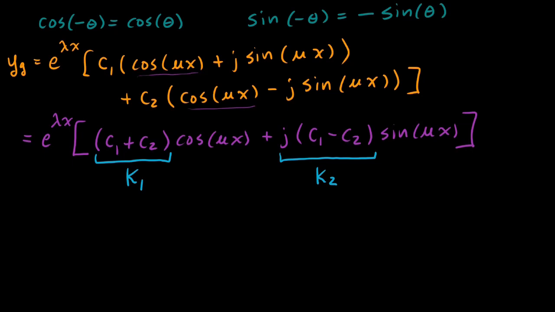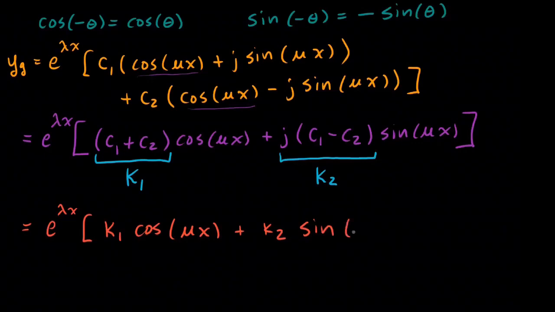All right, and so that gives us a general form here. The general form is going to be equal to e to the lambda x times K1 cosine mu x plus K2 sine of mu x.